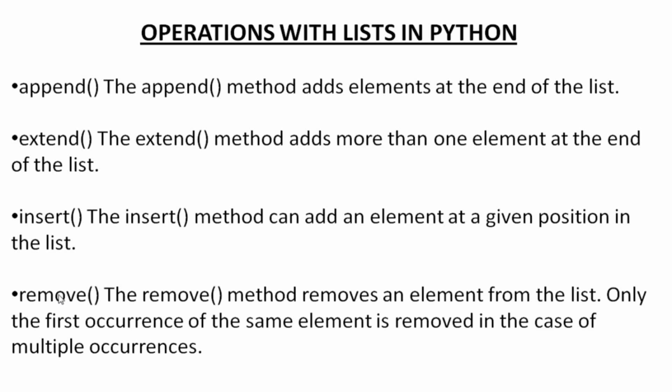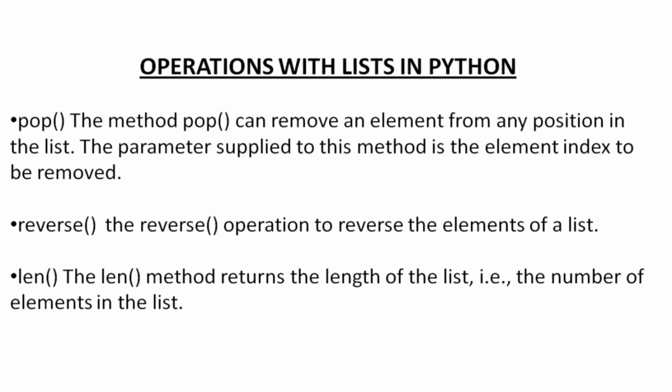You can remove element or elements from the list. Then you can do pop operation also. This will remove an element from any position in the list. Reverse will reverse the elements of a list, and then this is again a method that will find out the size of the list, that is the number of elements in the list.